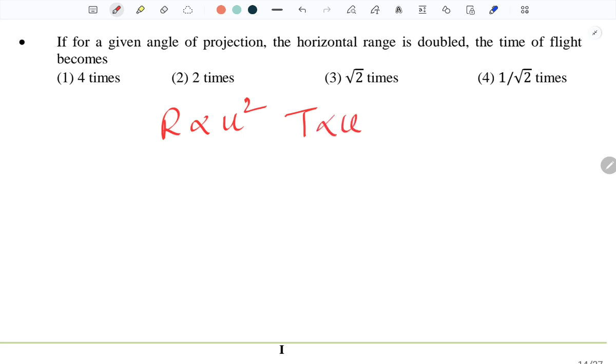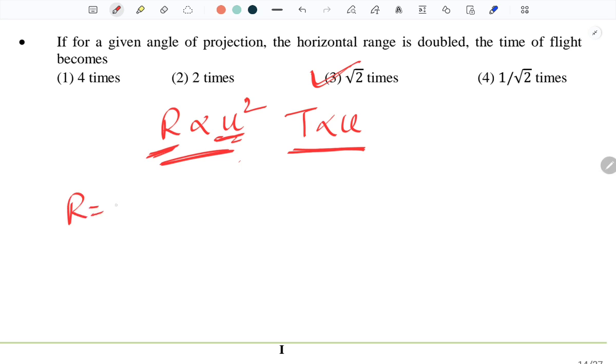If you double the horizontal range, R is proportional to u square, so u square is doubled. Again, T is directly proportional to u. So if you just use these two equations and compare, you get the answer √2 times.